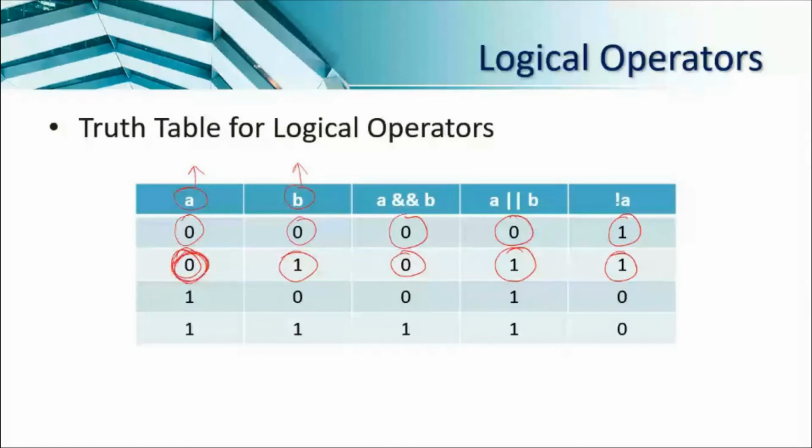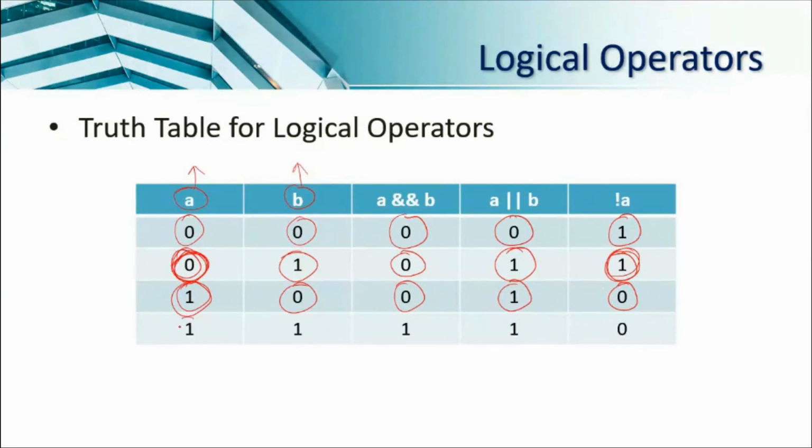Now A is 1 and B is 0. A AND B is 0 because B is 0. A OR B is 1 because A is 1. And not A is 0 because A equal to 1 means not A equal to 0.